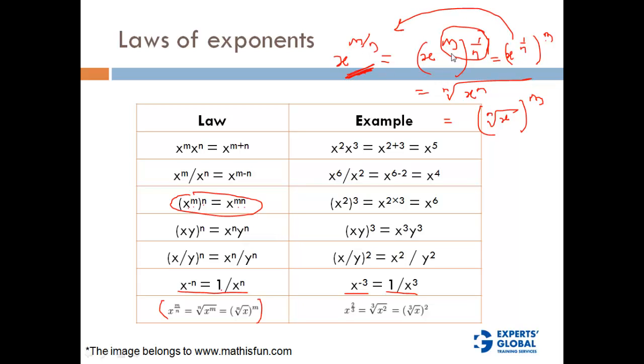So it doesn't matter whether you take x raised to m first or x raised to 1 by n first. So that is why we have two expressions, nth root of x raised to m or nth root of x the whole raised to m. Let's look at an example. x raised to 2 by 3 is the third root of x square, or third root of x the whole square.